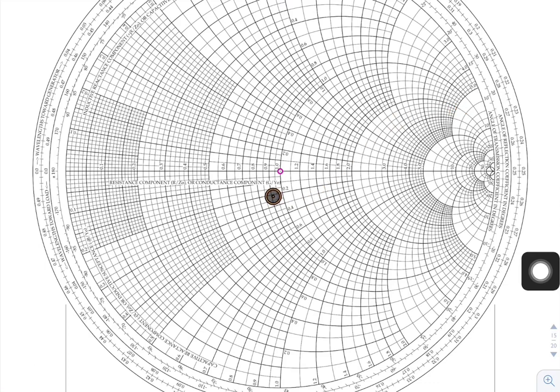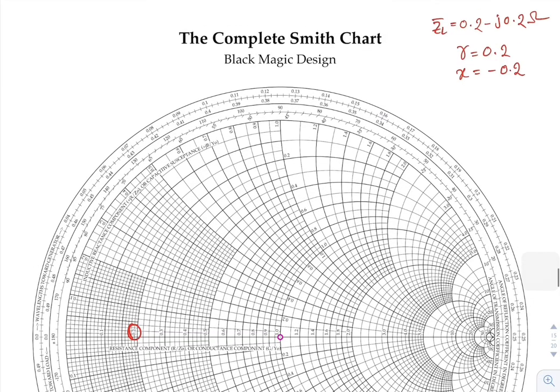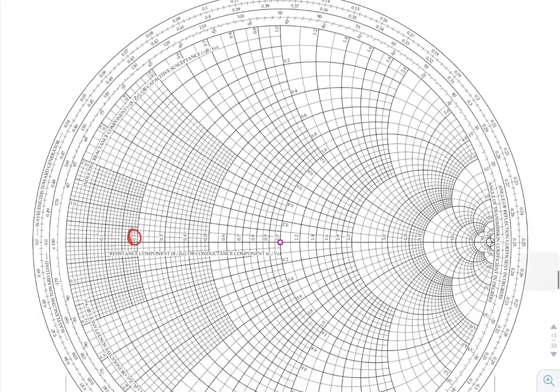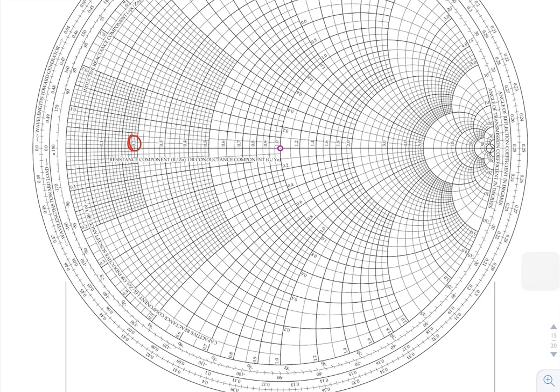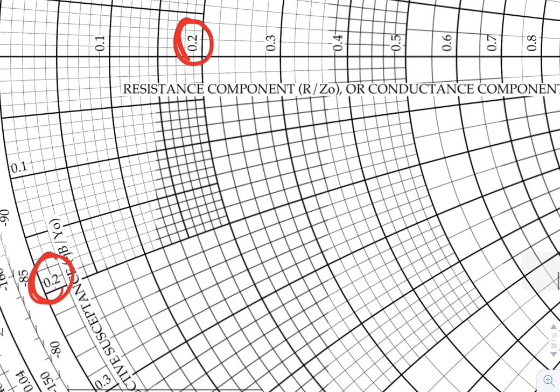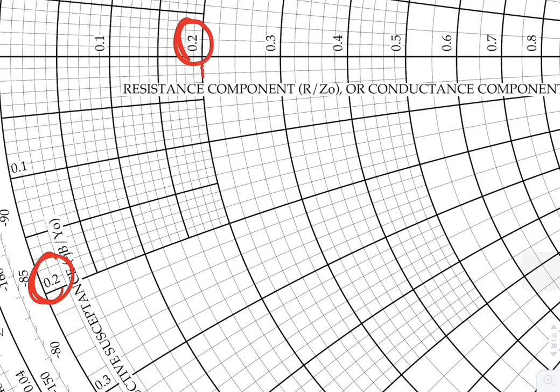On the Smith chart, 0.2 is available here, and x equal to minus 0.2 means on the Smith chart minus 0.2 is available here. The point of intersection of these two curves is this point. Let's call this point as P.